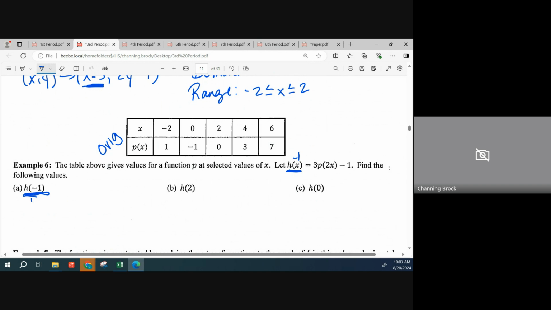Okay, so this is how we're going to do this. We're going to take this and plug it in. So h of -1 is 3p of 2 times -1, and then minus 1. So 2 times -1 is -2. So 3p of -2. Now, what is p of -2?